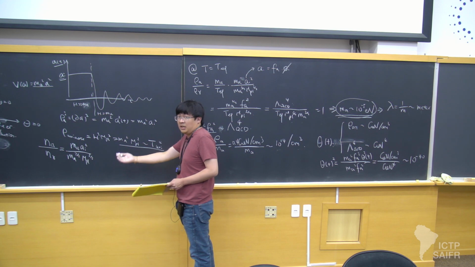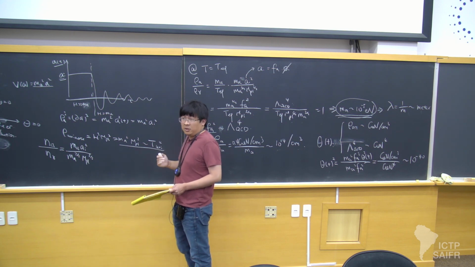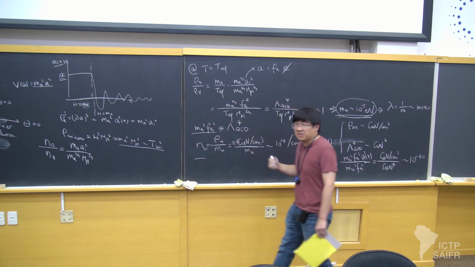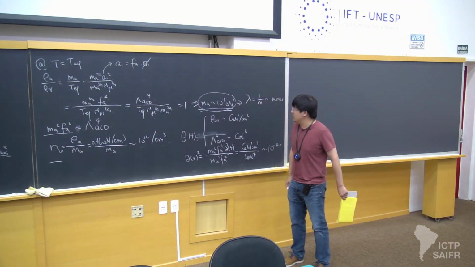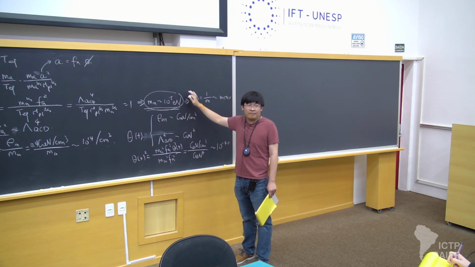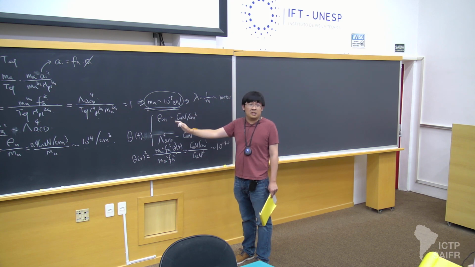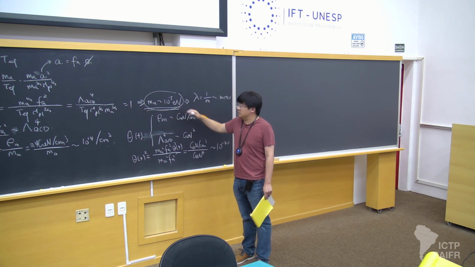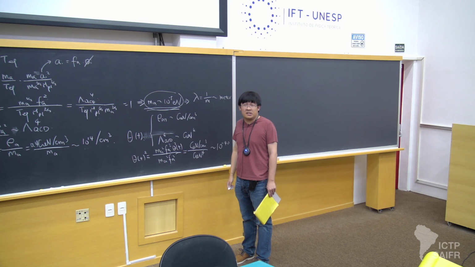The temperature of the CMB photons is 10^-4 eV. For these things, the temperature is 0. This is not a thermal system. It has never thermalized with the standard model. So even if it is very, very light, it can still be dark matter because the kinetic energy is 0.